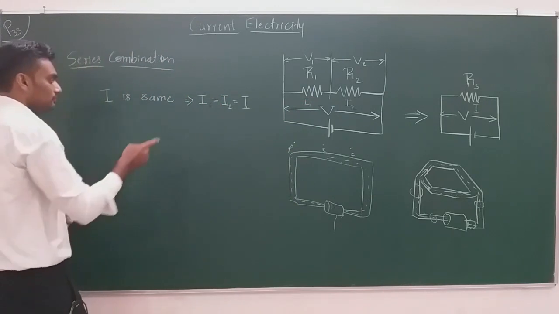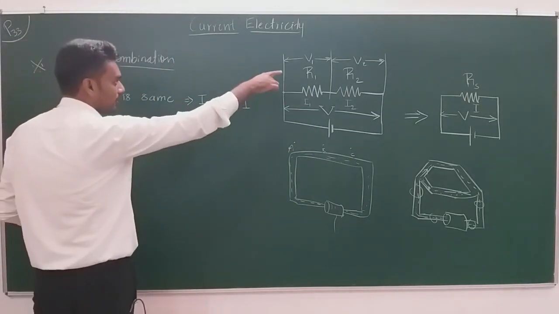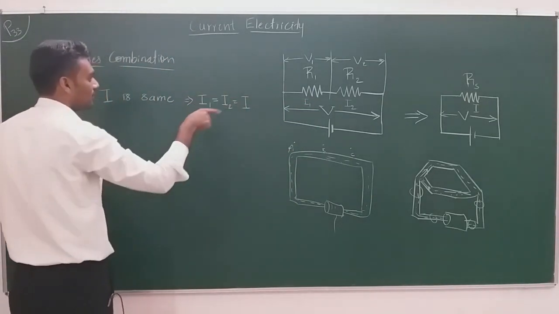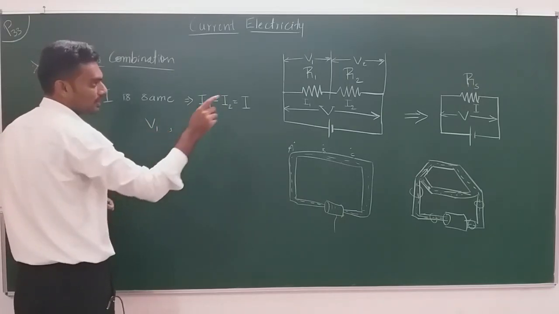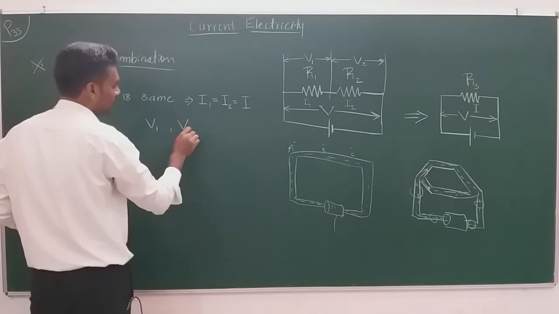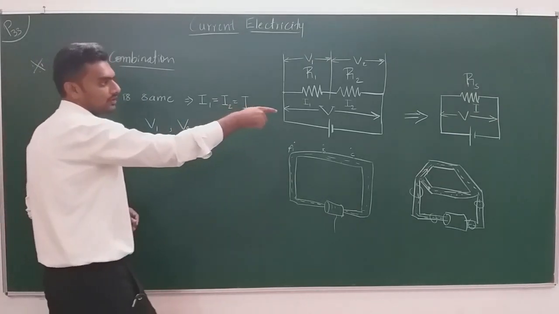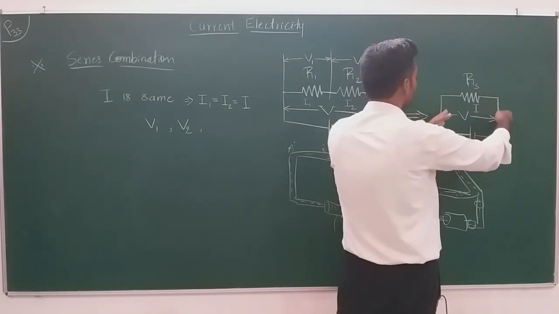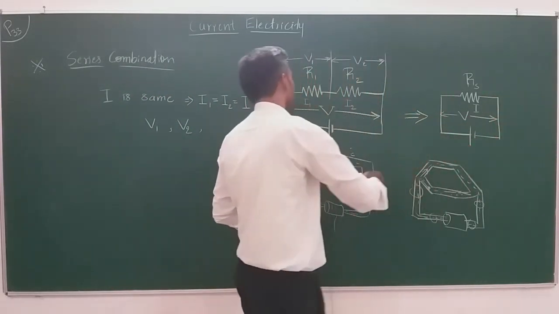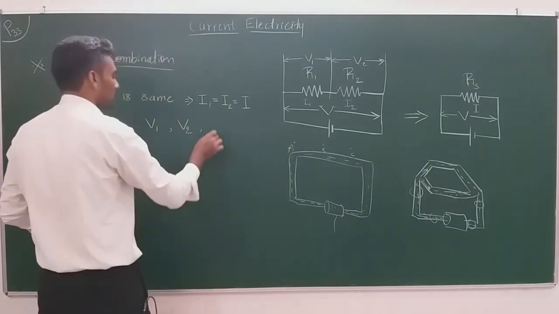So now let the potential difference or the voltage across the first resistor be V1, and the voltage across the second resistor be V2, and the voltage across the effective or the equivalent resistor be V, which itself is the voltage supplied by the battery.